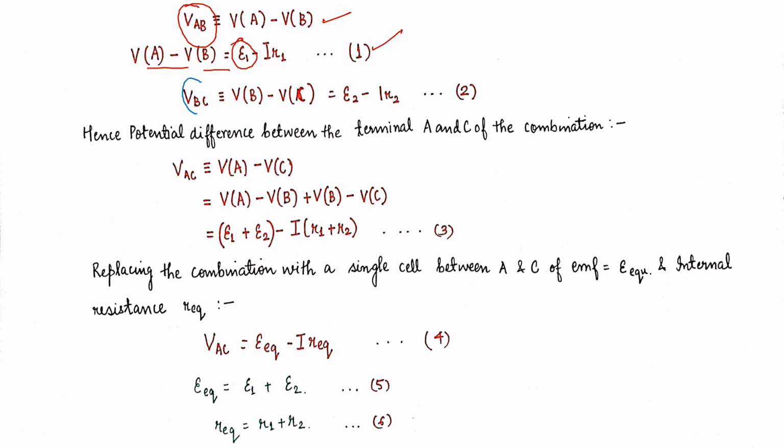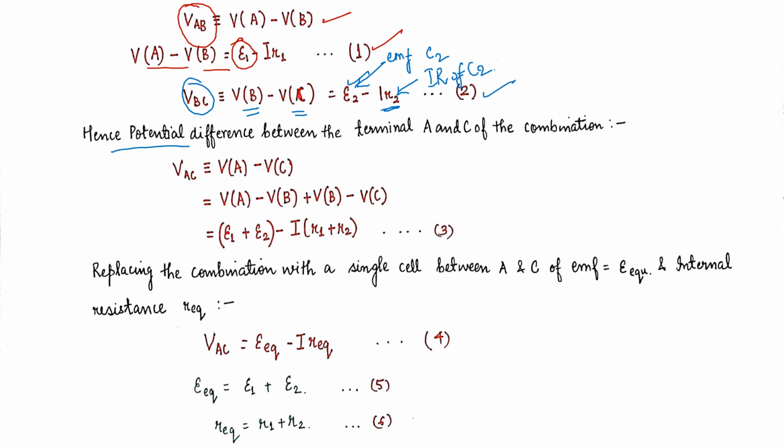Next is the potential difference between point B and point C, which gives us VB minus VC, which equals E2 minus IR2. This is the EMF of cell 2 minus current into internal resistance of cell 2. This is our equation number 2.